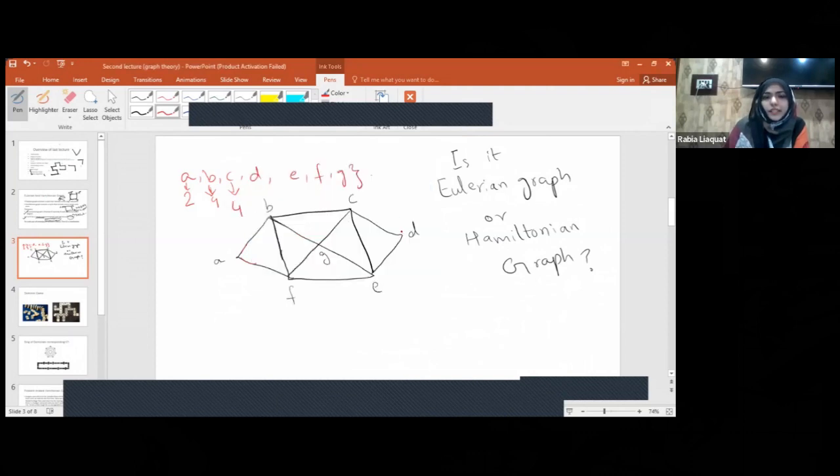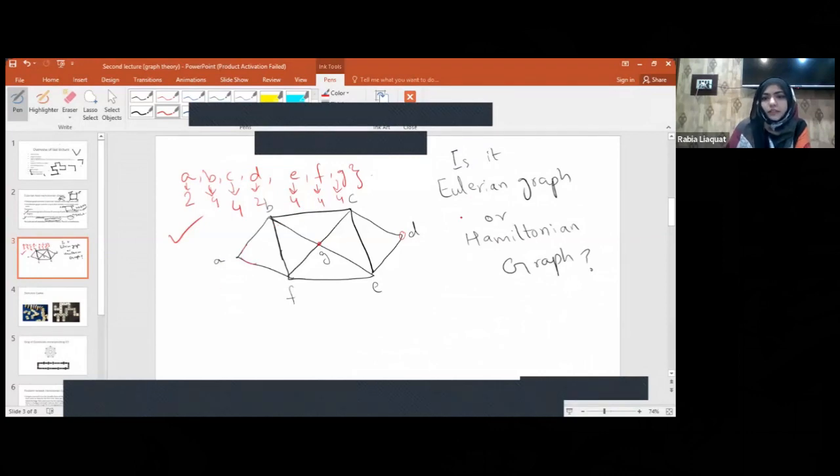What is the degree of D? 2. What is the degree of E? 4. Degree of F? 4. Degree of G? 4. So every vertex has even degree. So this is a Euler graph.